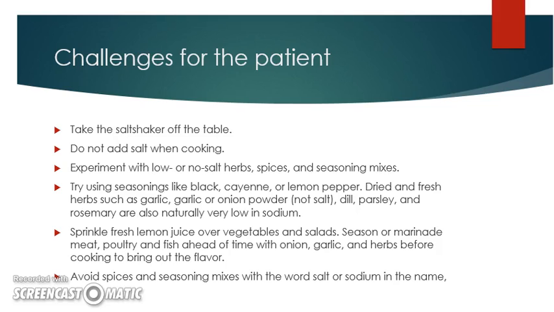And it's always better they substitute salt with lemon juice. If they want the salty feel, you can ask them to squeeze lemon into any meals they prepare. Sprinkle lemon juice on them, so this way they have the feel of salt, but they're not actually consuming salt or sodium in the meals.